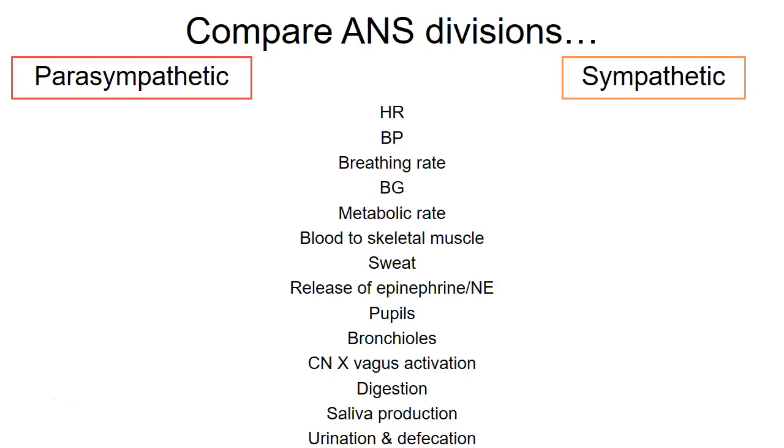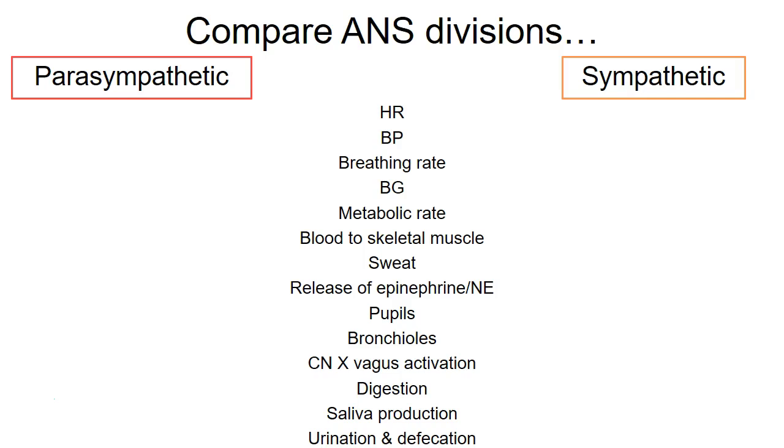Okay, so let's do a review here. If we take a look at heart rate, parasympathetic versus sympathetic. Parasympathetic, should that go up or down?